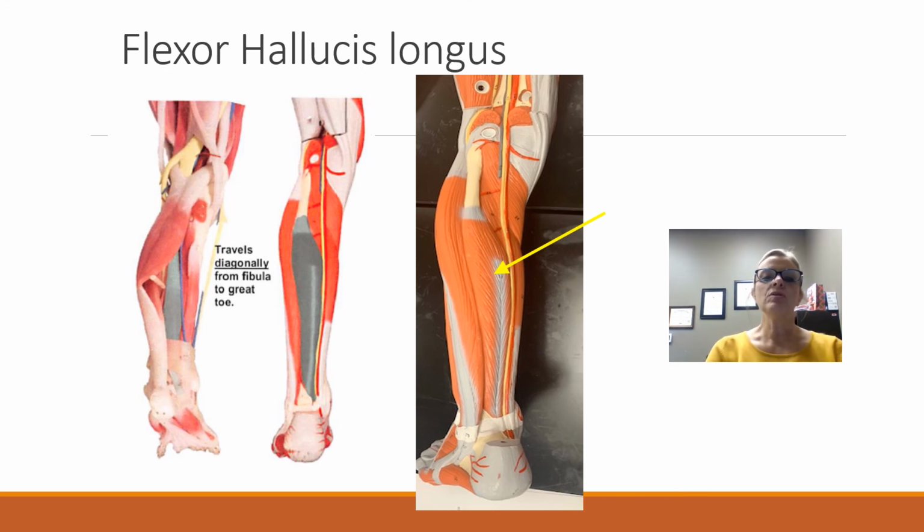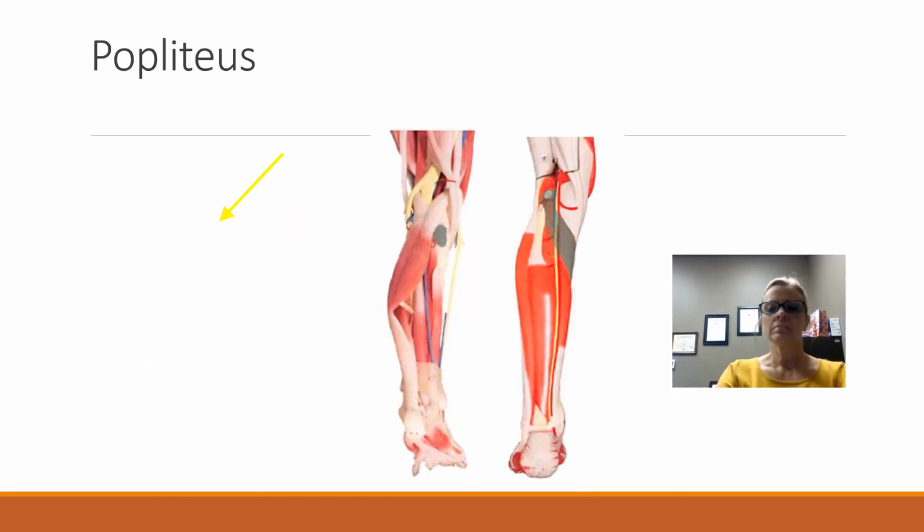It is lateral to the tibialis posterior, which is the little toe side of the leg, and it originates mid-shaft of the fibula. It's going to travel diagonally towards the big toe. It is shorter than the other posterior calf muscles. You can follow the tendon as it travels from the fibula to the great toe. All right, origin on the midshaft of the fibula, insertion under the foot to the distal phalanx.